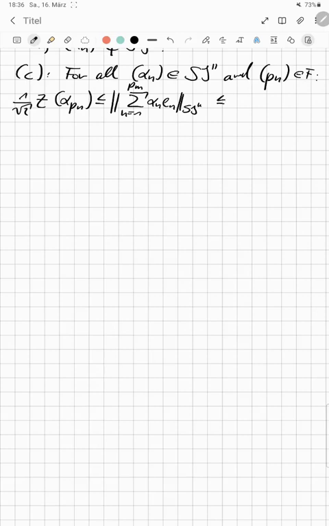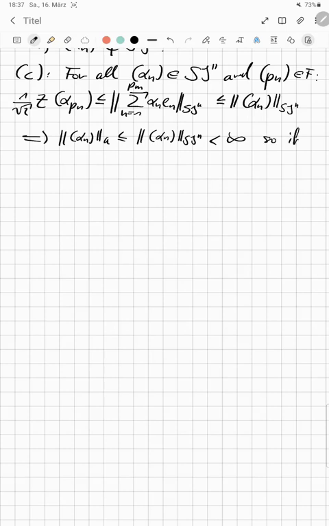And this is, of course, less than or equal to the norm of the whole alpha n in the Sj dash dash norm. And thus, we know that alpha n in the A norm is less than or equal to alpha n in the Sj dash dash norm. And this is smaller than infinity.